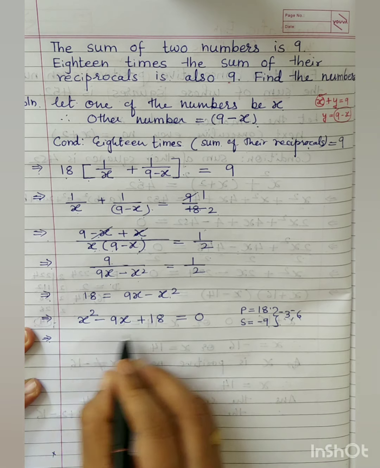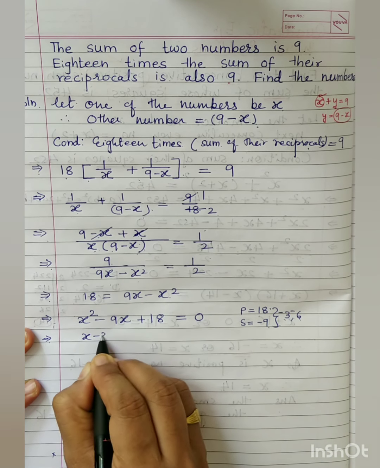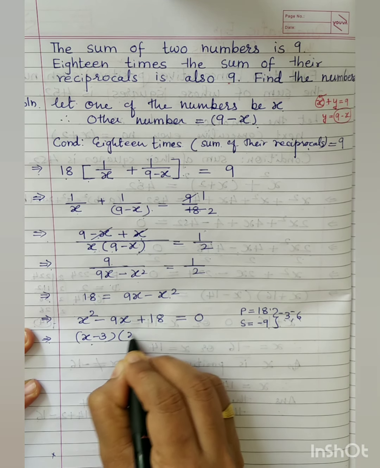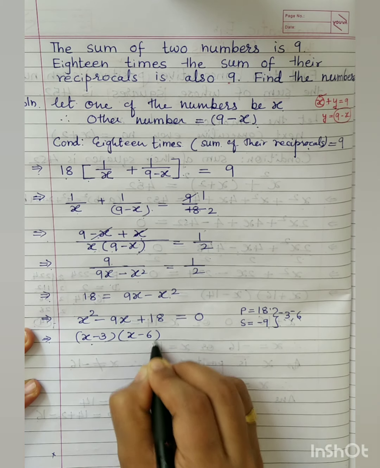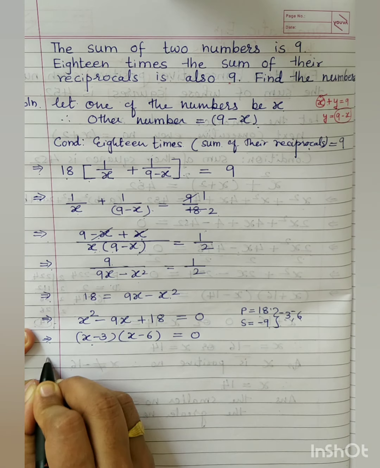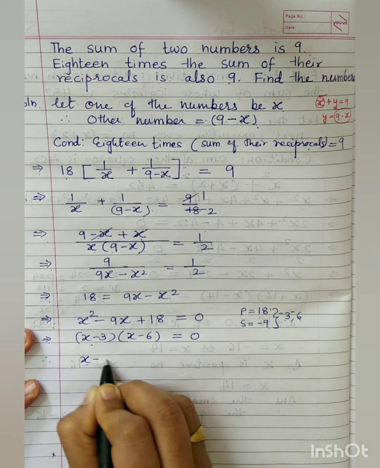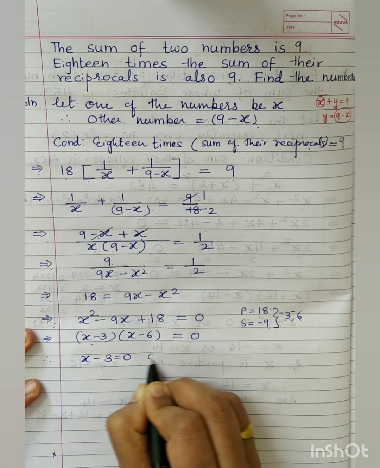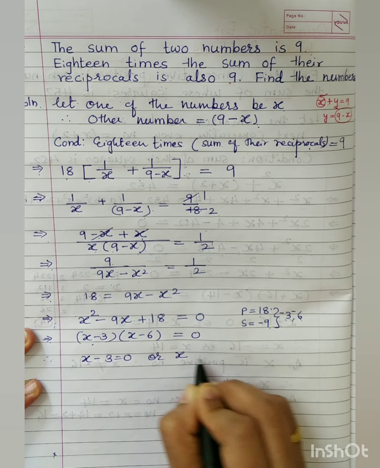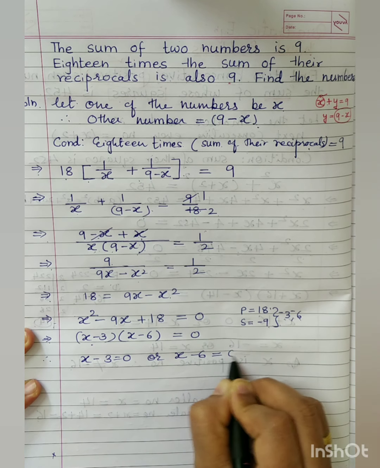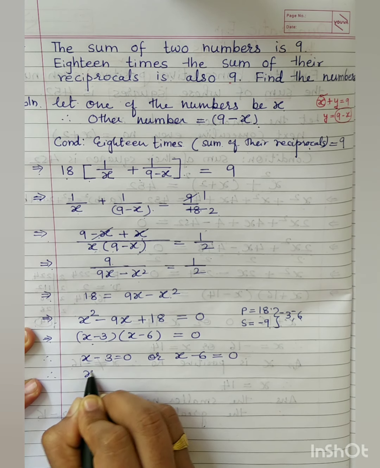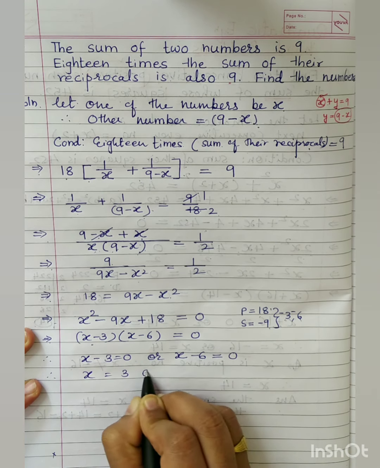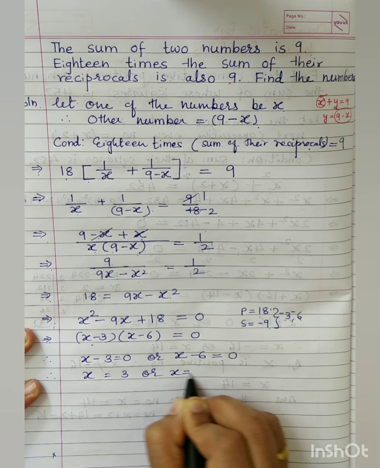Directly I am writing the factors here: x minus 3 into x minus 6 is equal to 0. That gives you x minus 3 is 0, or x minus 6 is 0. Don't skip any step, no matter how easy you find it. Finally you conclude x is equal to 3 or x is equal to 6.